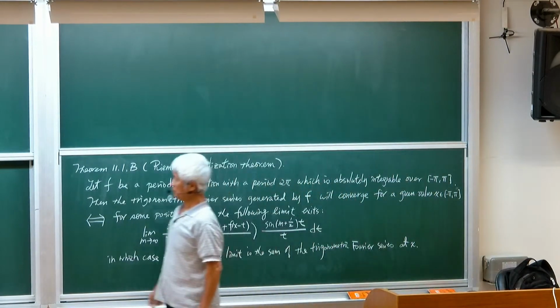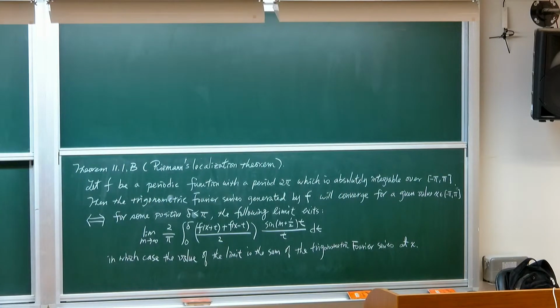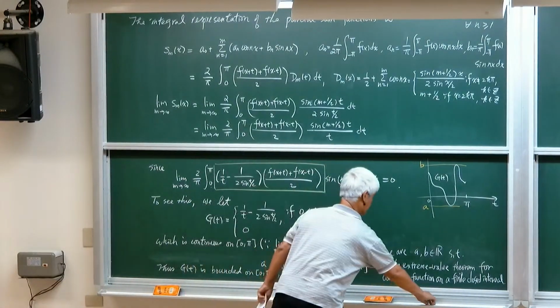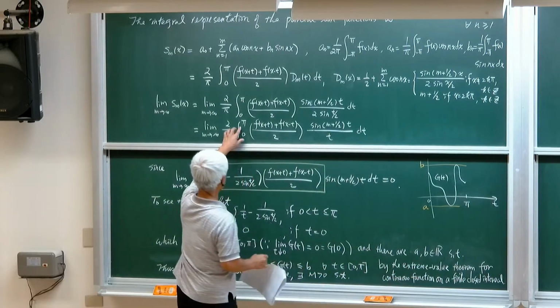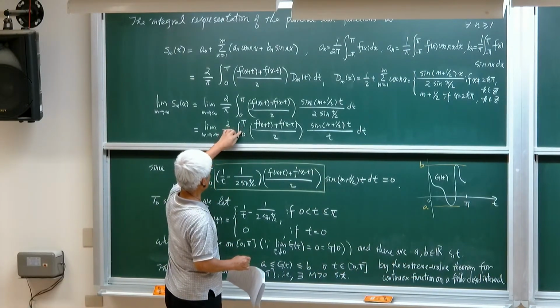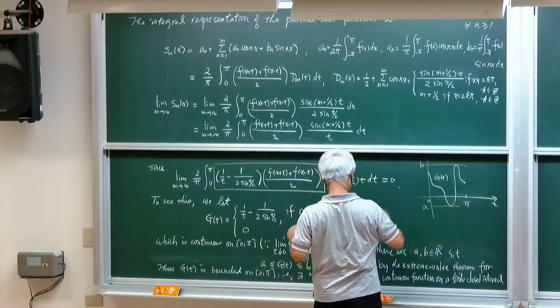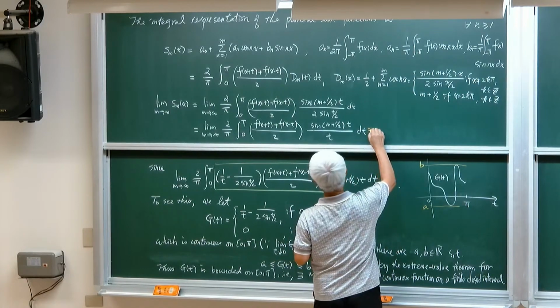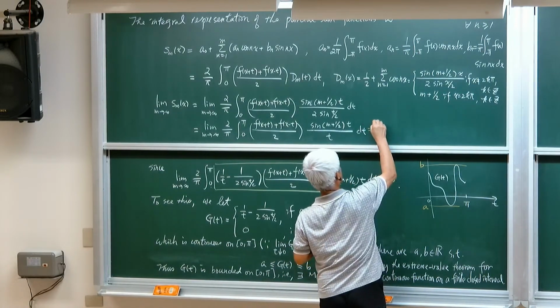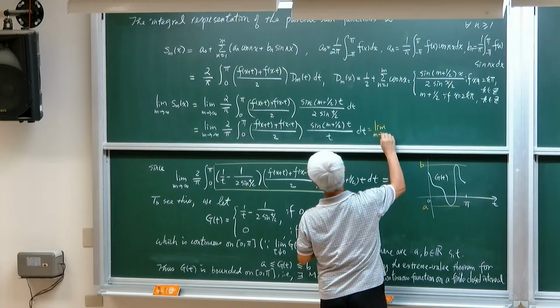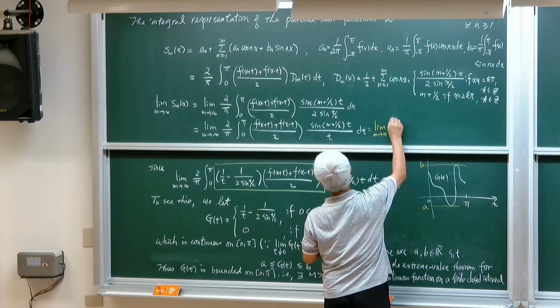All right. So to see this, we look at here. We can select a delta, right, which is greater than 0, but less than pi. So this is actually a limit, n goes to infinity, right?